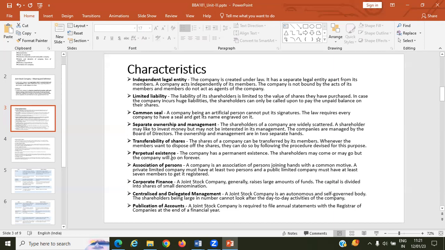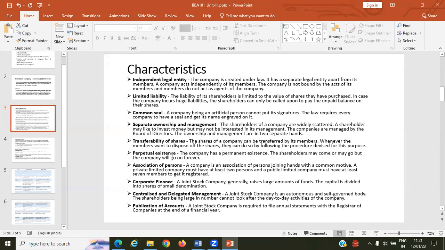So that is why one characteristic is called association of persons. The most important thing is association of persons, and the first one, independent legal entity. In front of the law, the company is an artificial person, having everything that a person has.